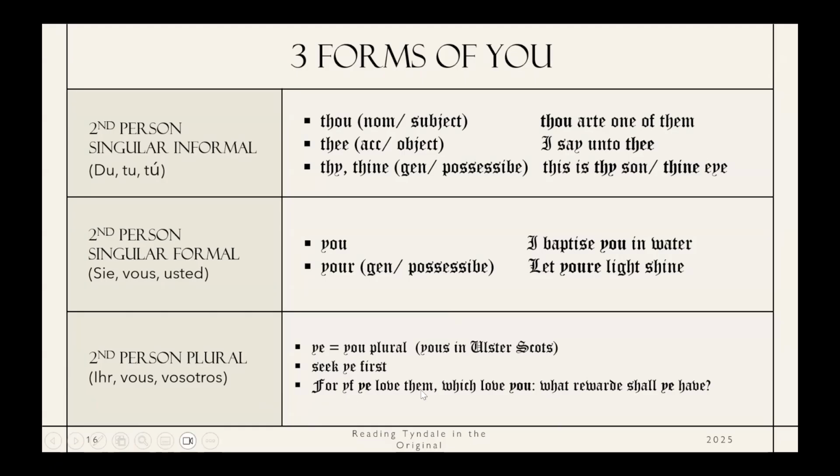For if ye love them which love you, what reward shall ye have? So there is if ye love them, that's all of you love them, which love you, which is you in particular, what reward shall ye have, all of you? So you can have a sentence with different forms of you in together. It's slightly more complicated because sometimes at this time, you and ye were kind of merging. But that's the kind of way it's supposed to work anyway.